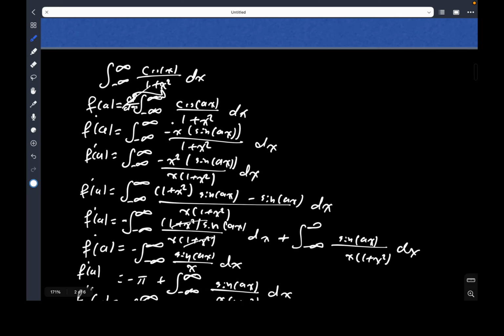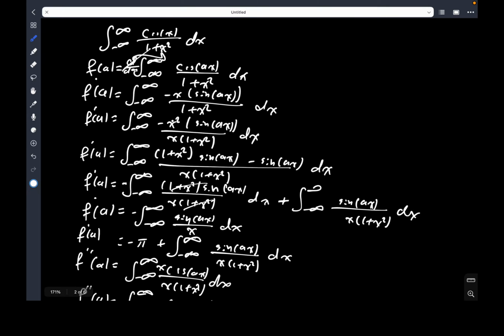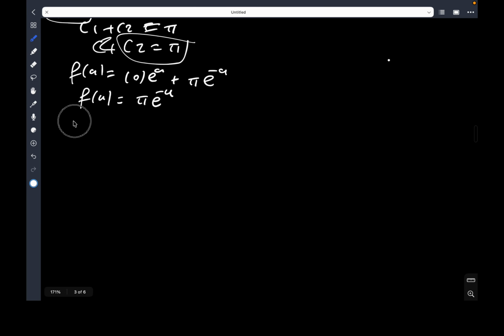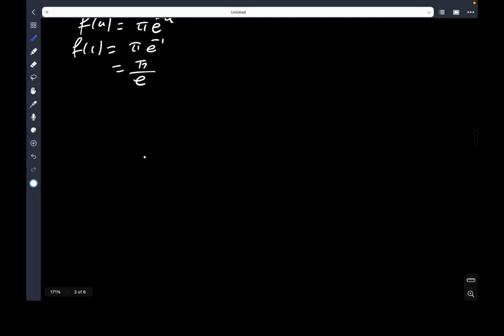Now if we go back to here, we defined f of a to be this thing here, and if I find f of 1, I'm going to get the integral from negative infinity to infinity of cosine x over 1 plus x squared dx. Therefore, if I plug in 1, it's going to be pi e to the negative 1, which is pi over e.